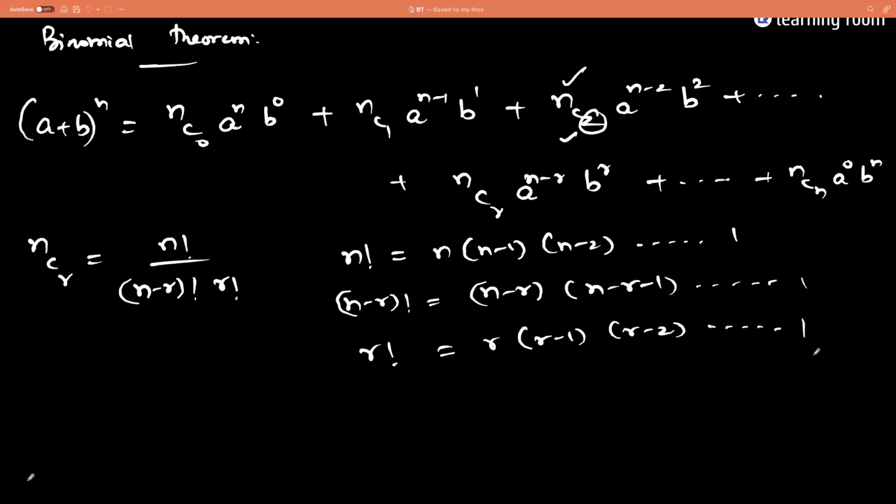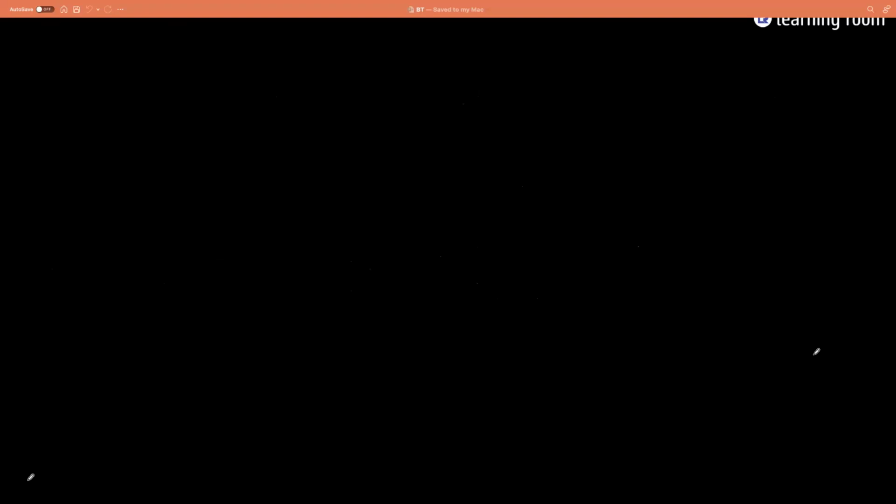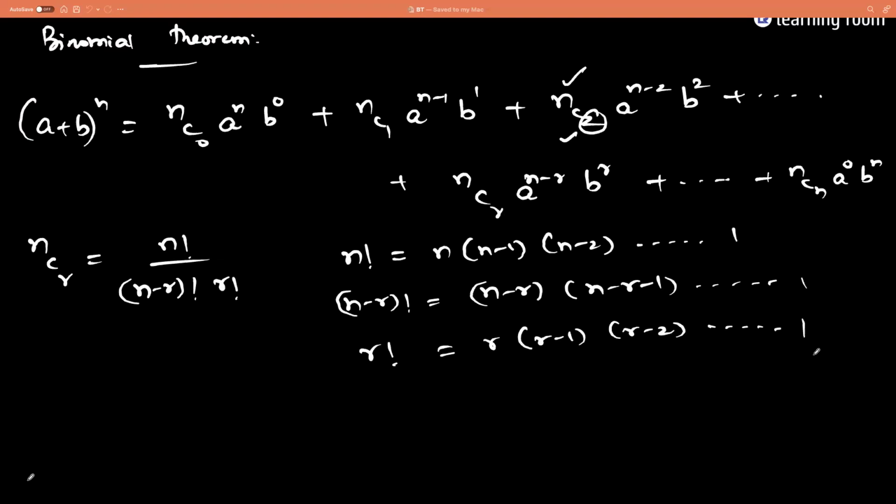Okay, you know all these basics. If I have to write it in the summation format, how do I write (a plus b) the whole power n? It is written as the summation of nCr a power n minus r into b power r.